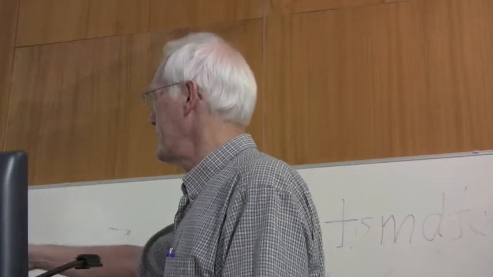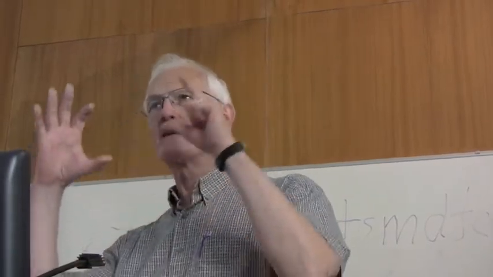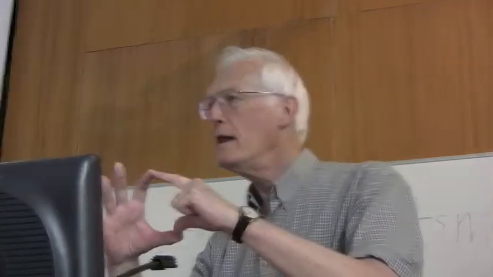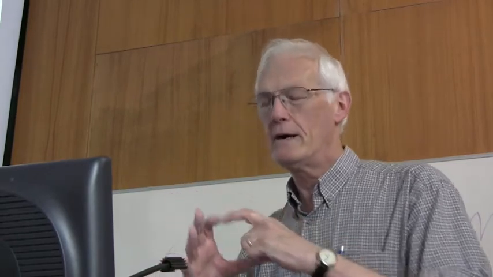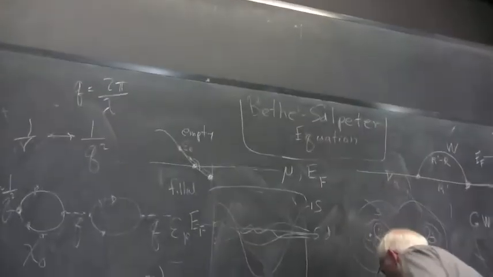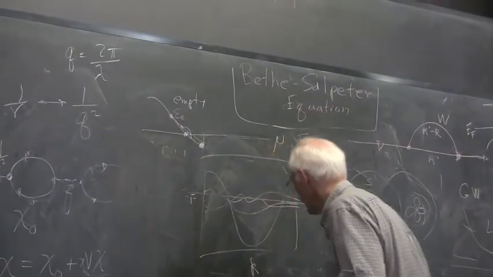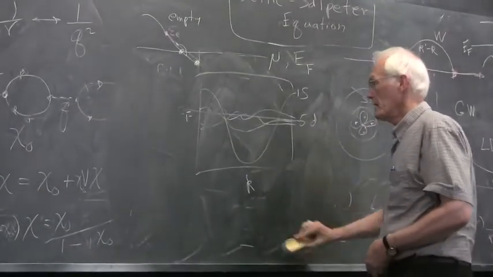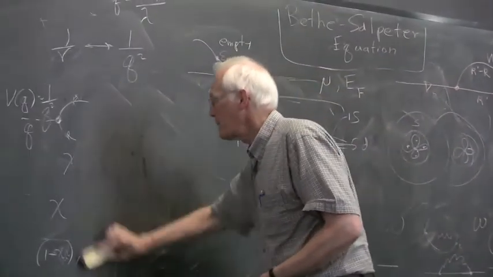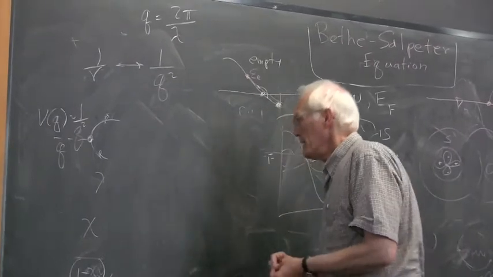So you'd really like to do calculations that would tell you something about these localized states. And we know from experience that the usual density functionals like the LDA do a bad job of these localized states. I think somebody in here was working on zinc oxide.